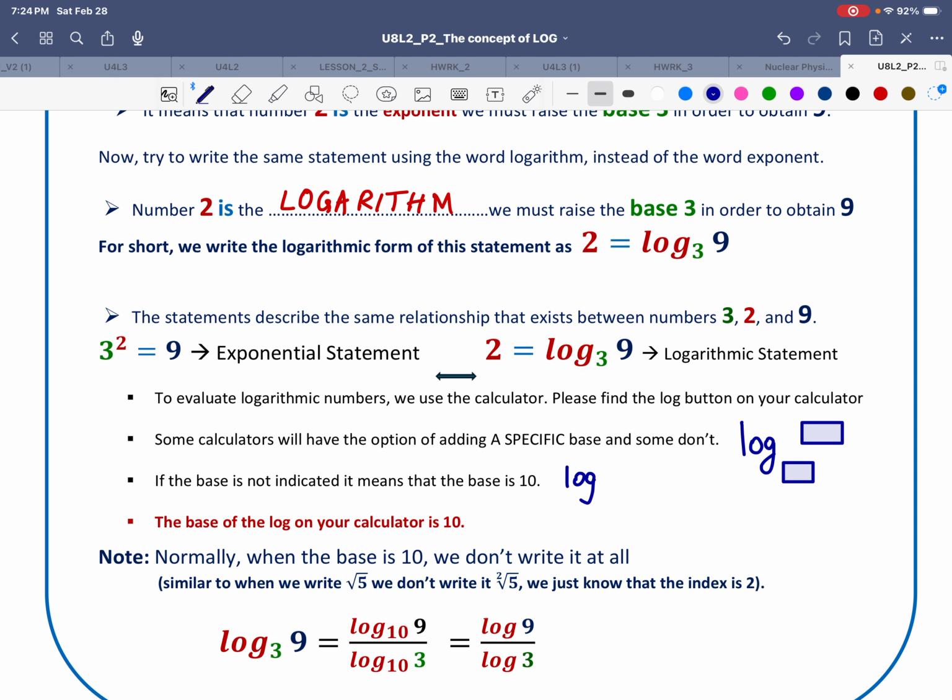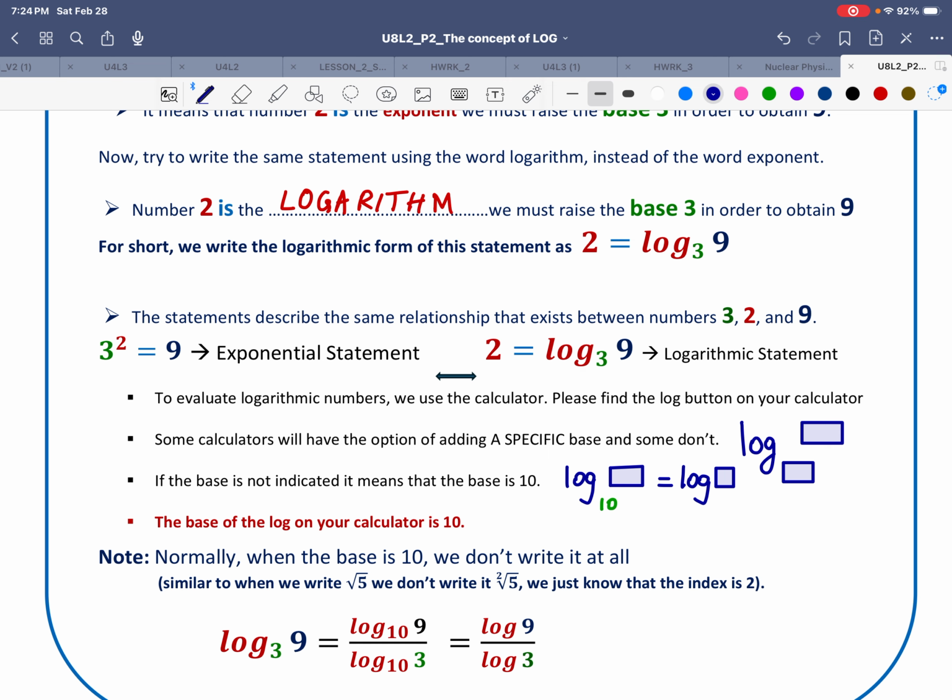So when you see just the word log on the screen, it means that you just have to input whatever number you want to find the log of, and automatically you would know that the base is 10. So when the base is not written, if you have log with base 10 of a number or log of a number, it means the exact same thing. Now, when the base is 10, we don't write it, and that is by agreement.